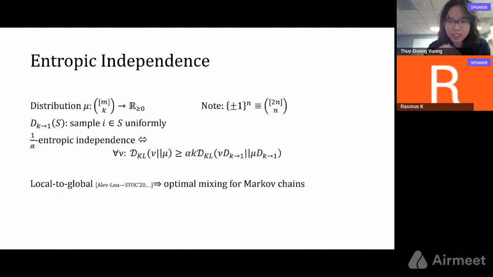And we will switch gears a little bit and talk about distributions over size-k subsets of a ground set of size m.